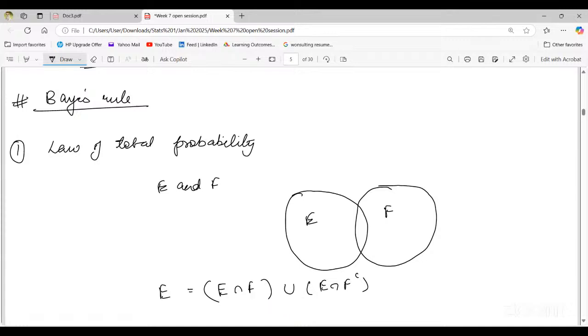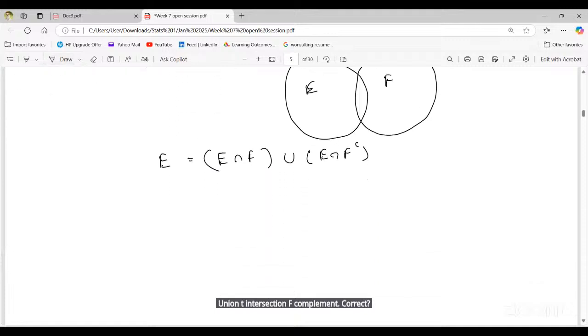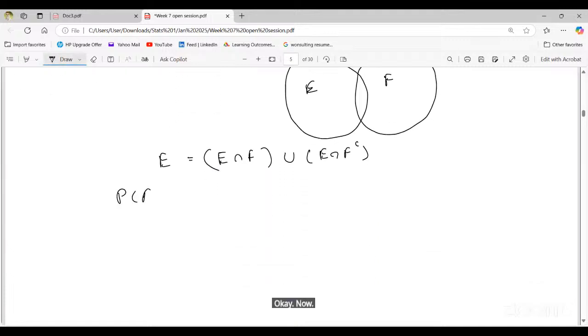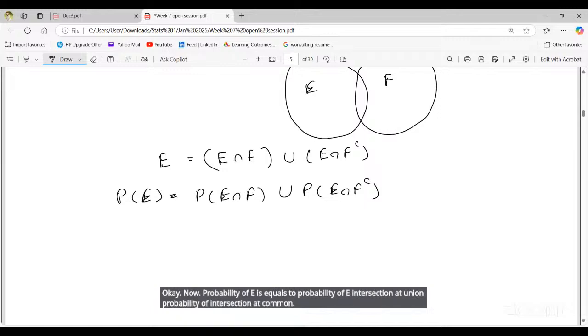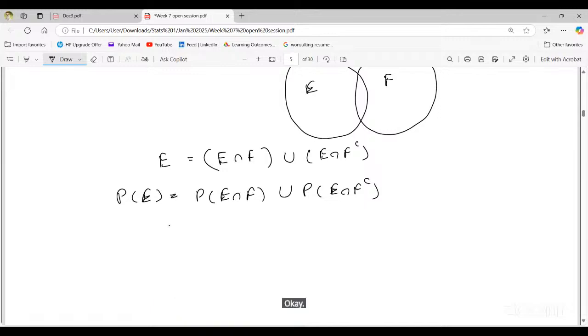Correct? Yes, ma'am. Okay. Now, probability of E is equal to probability of E intersection F plus probability of E intersection F complement.